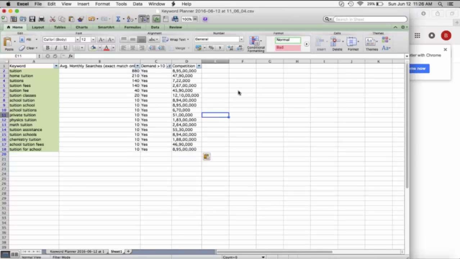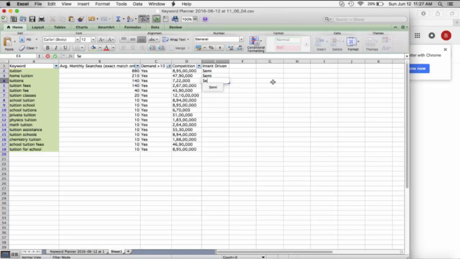All right, so now we have a competition value here. Now you could have another filter, which is intent driven. We'll see whether these keywords are intent driven or not. Tuition is semi intent driven, right? So I'll put semi. And home tuition, even this is semi intent for me.